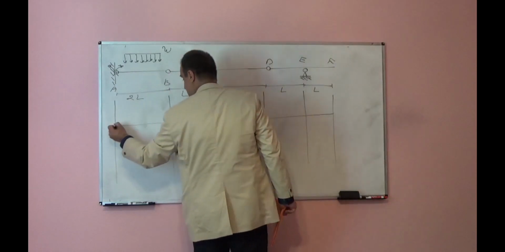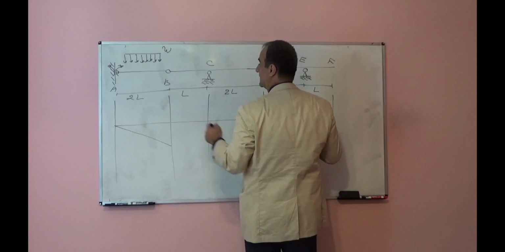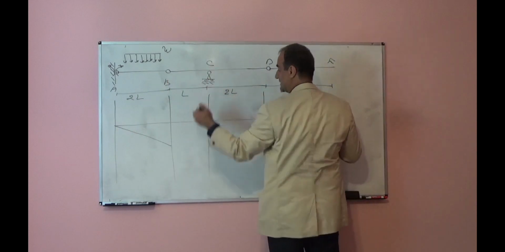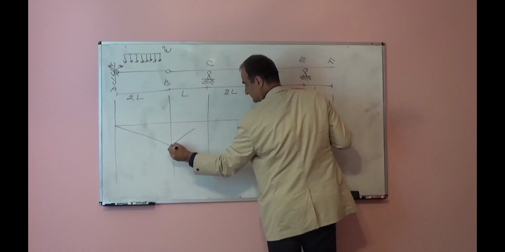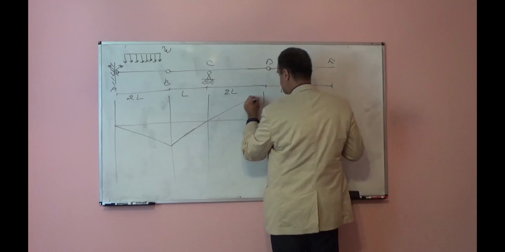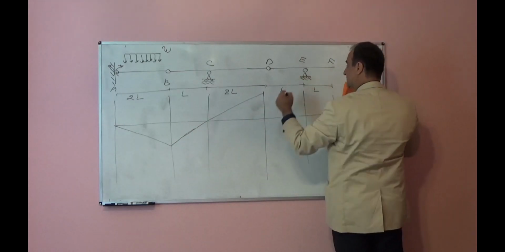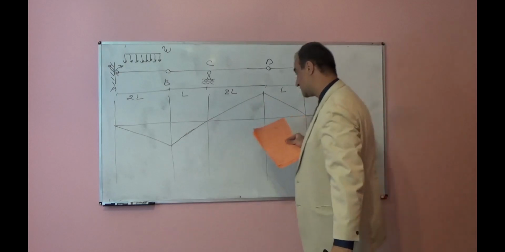So this side will rotate. The AB part will rotate with respect to A. From B to D it is continuous, so that part will rotate with respect to C. The DF part is continuous, so it will rotate with respect to E. This will be the influence line.